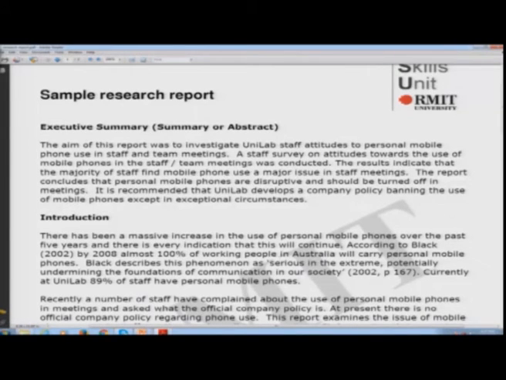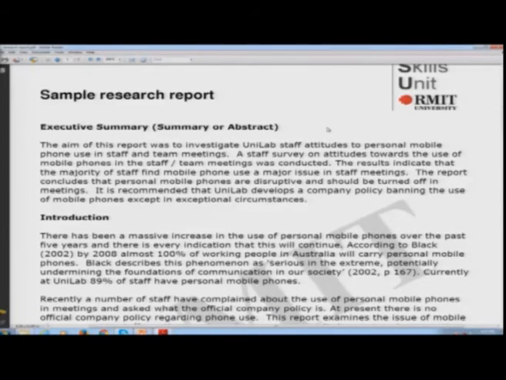The results indicate that the majority of staff find mobile phone use a major issue in staff meetings. The report concludes that personal mobile phones are disruptive and should be turned off in meetings. It is recommended that Unilab develops a company policy banning the use of mobile phones except in exceptional circumstances.